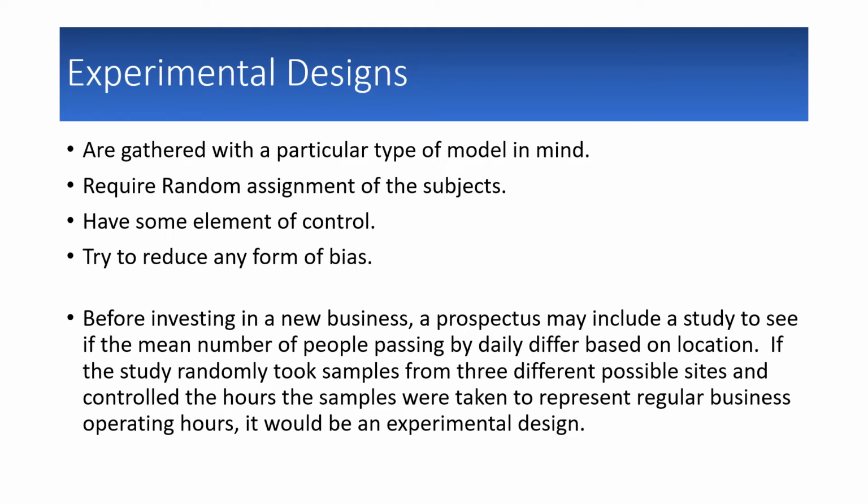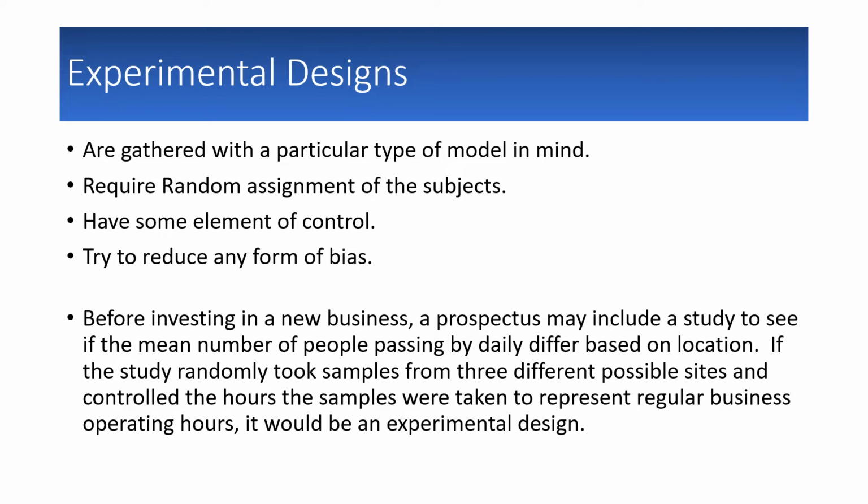So the example I've given you is that if you're investing in a new business, your prospectus may include a study to see if the mean number of people passing by daily differ based on location. So what if you had a new business you wanted to put in and your choices were to buy a location either downtown, on Baylor campus, or out near the new mall at the Central Texas Marketplace.